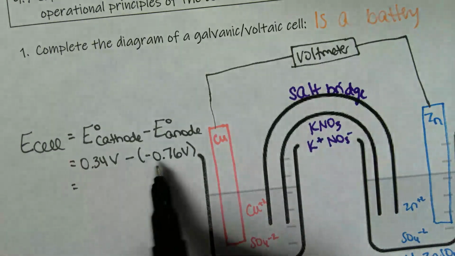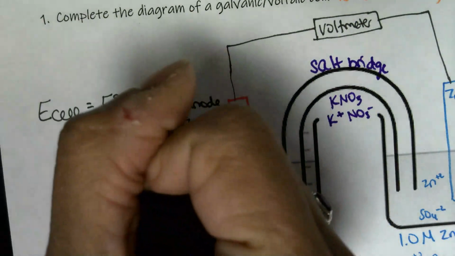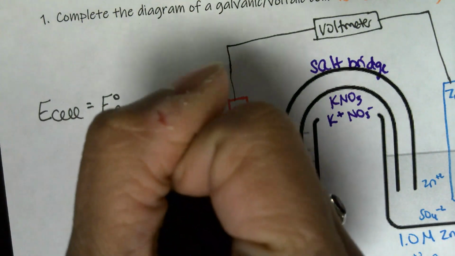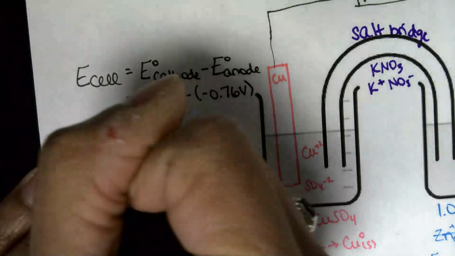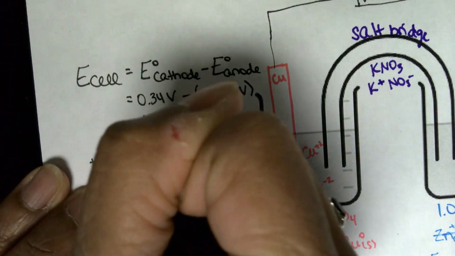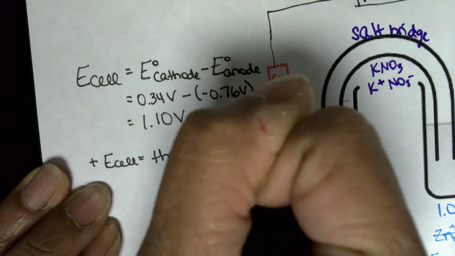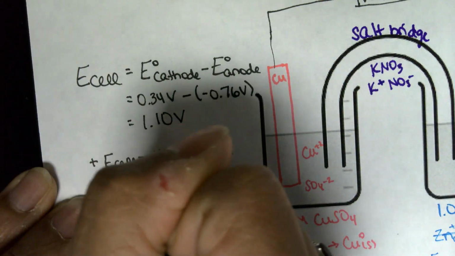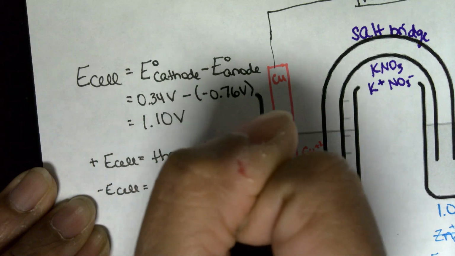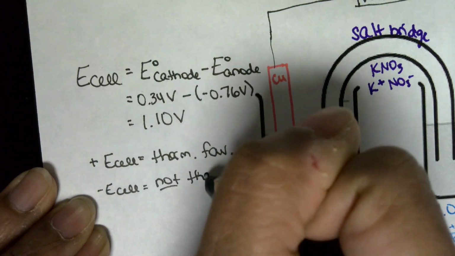So essentially, those two negatives become a positive, and you end up with 1.10 volts total. This is good. If we have a positive E cell, this means it's thermodynamically favorable, versus a negative E cell is not thermodynamically favorable.